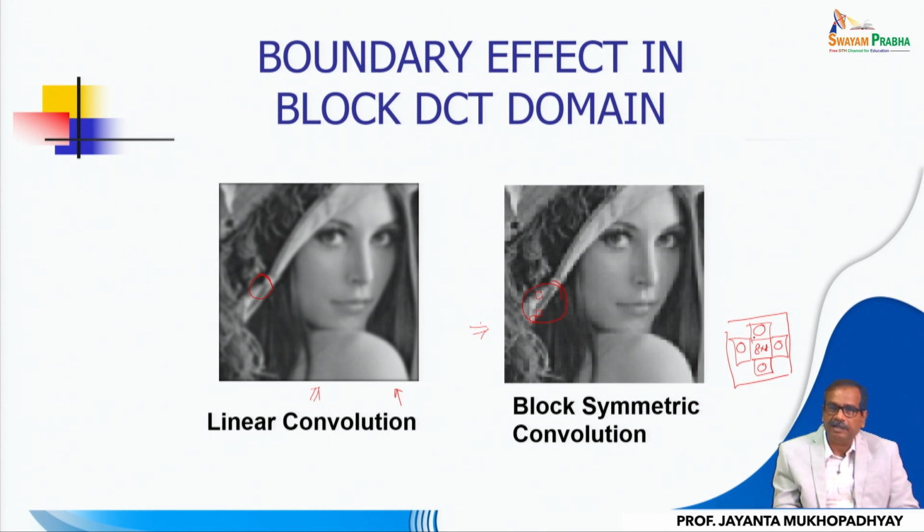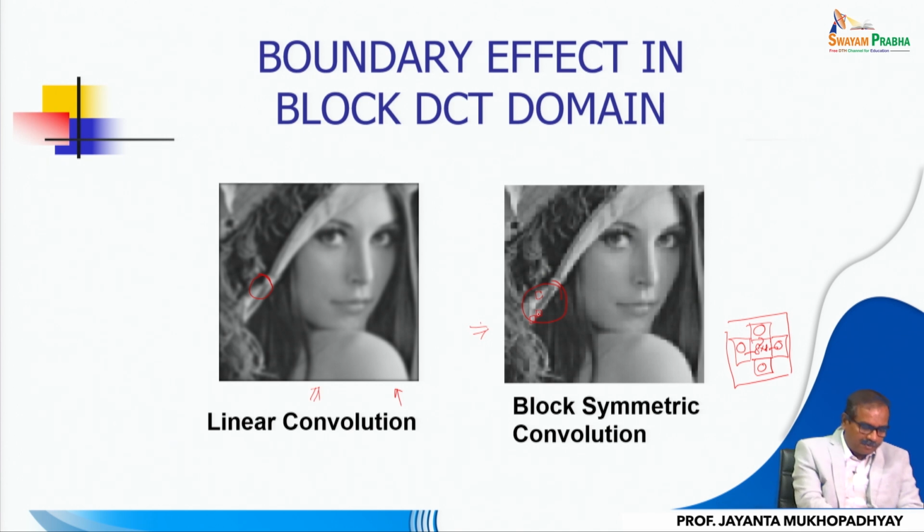But in this case, for each 8x8 block, the outside is considered as 0, and that is the equivalent convolution that is happening. So those sudden discontinuities are causing this kind of blocking artifact. So this is a problem when you apply filtering directly in the DCT domain with 8x8 blocks.